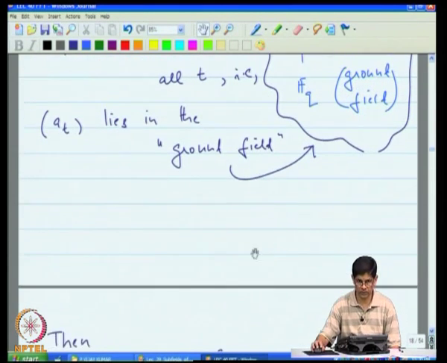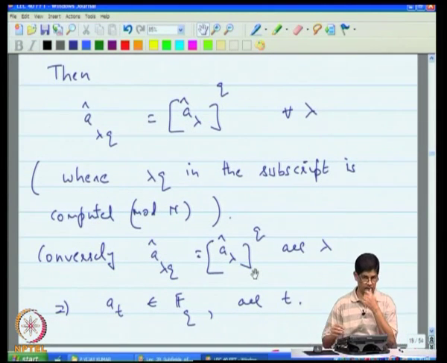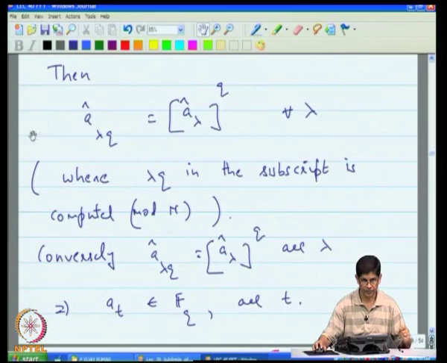So, that is the conjugacy relationship. It turns out that in this case the conjugacy that results is this: if you look at the transform a hat evaluated at lambda q, then that is the same as a hat lambda, but raised to the power q.